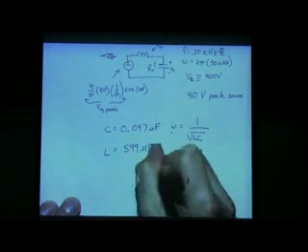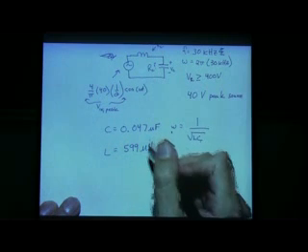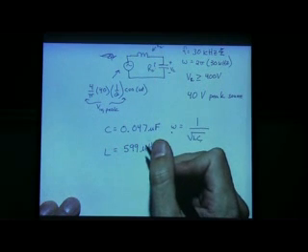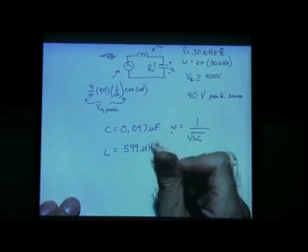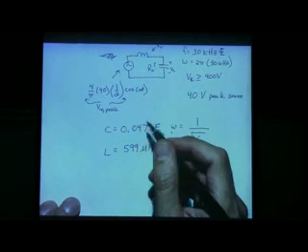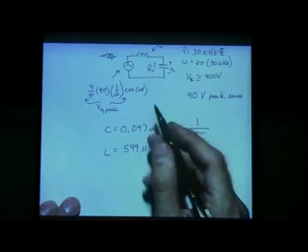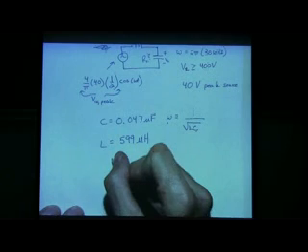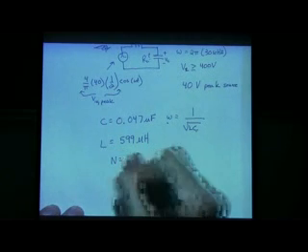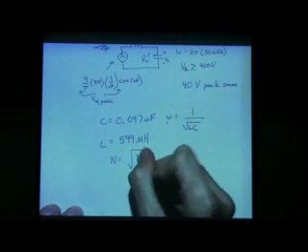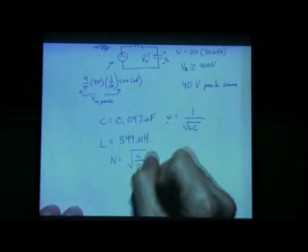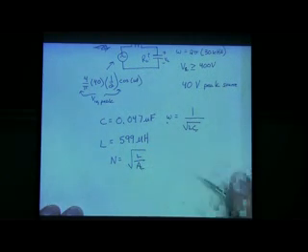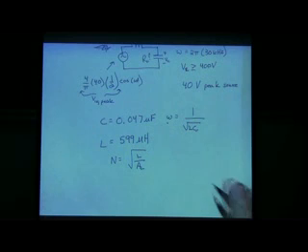V in peak times a peak gain I'll call P has to be equal to 400 volts. At a minimum, if V in peak is 4 over pi times 40 times a half, that tells me right away that P has to be at least 15.7. So 15.7 is the minimum.